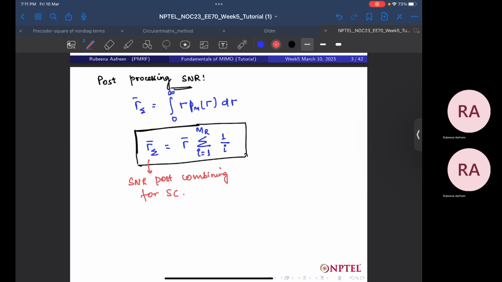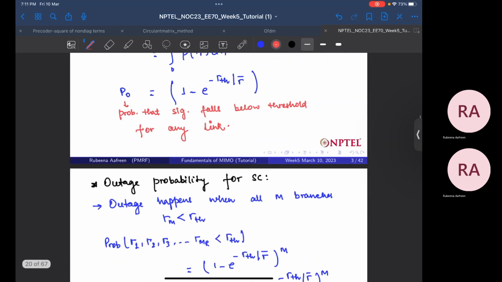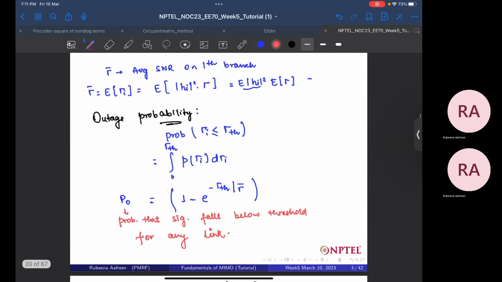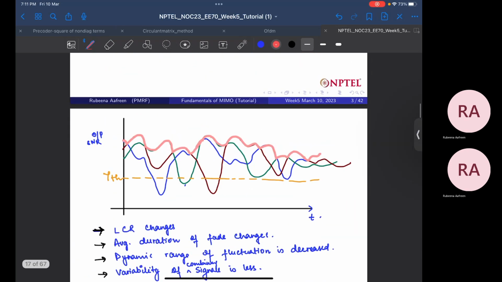So this is increasing with M, but it is not increasing linearly, right? So what is happening is that as we increase the number of antennas, the variability will be less, the signal fluctuation will be less. I'll show this diagram again.